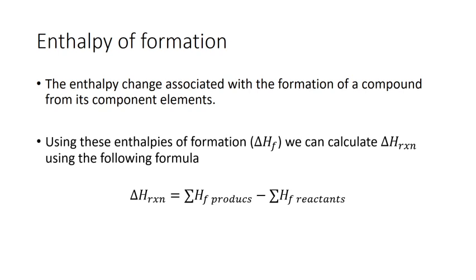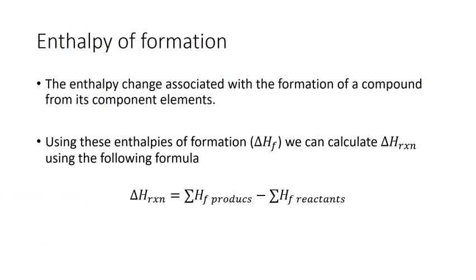Kind of like we did with Hess's law, using the following formula, in that the enthalpy of reaction is the sum, right? If you are not familiar from math with sigma, that means sum. The sum of the enthalpies of formation of the products minus the sum of the enthalpy of formation of the reactants makes the enthalpy of reaction.